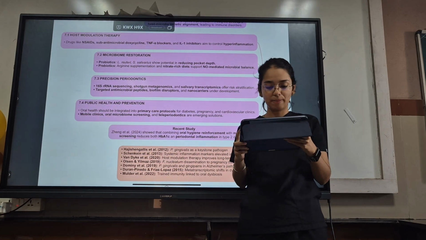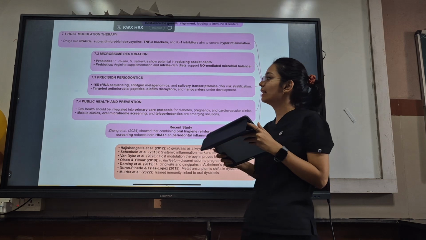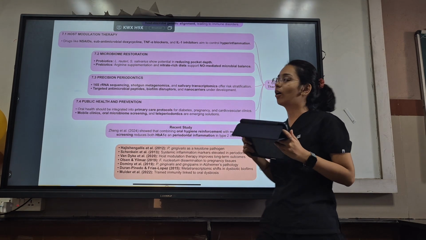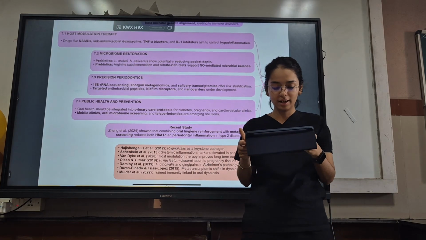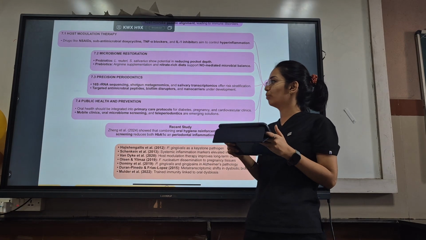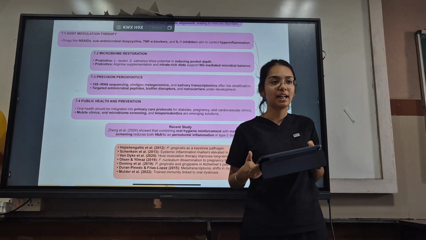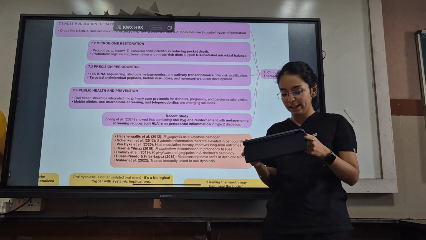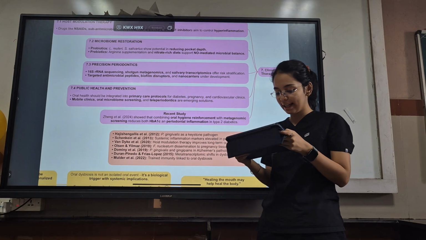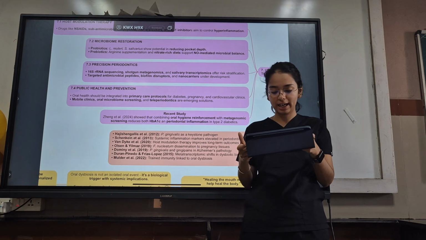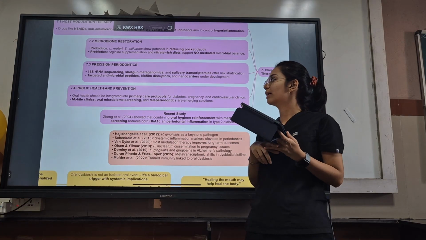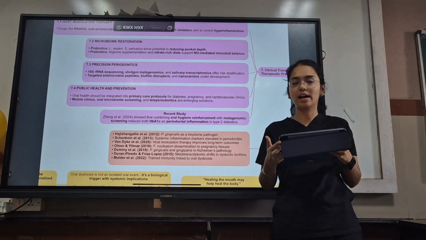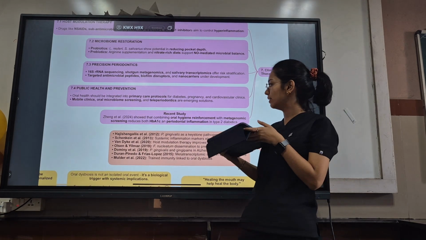Thirdly, we have precision periodontics, where 16S rRNA sequencing, shotgun metagenomics, and salivary transcriptomics will offer risk stratification, and targeted antimicrobial peptide biofilm disruptors and nanocarriers, which are under development, can be used. Fourth, we have public health and prevention, where oral health should be integrated into primary care protocols for systemic disorders like diabetes, pregnancy and cardiovascular diseases.